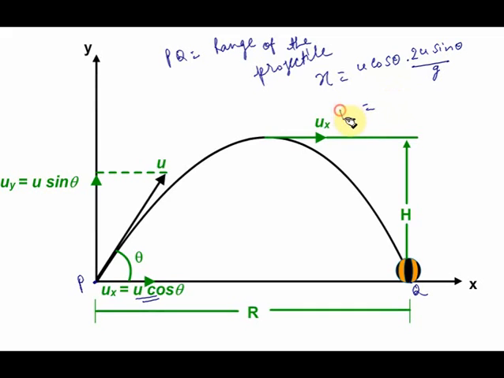So the range will be 2u square sine theta cos theta by g. Now 2 sine theta cos theta is equal to sine 2 theta, so we have range is equal to u square sine 2 theta by g. So this is the horizontal displacement of the projectile at the end of the flight.